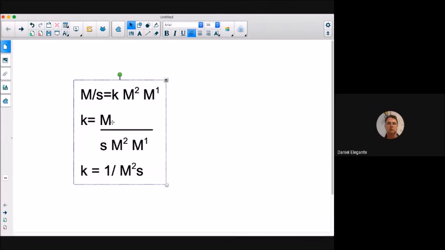And also on the bottom are going to be that molarity squared and molarity first. All I did was rearrange algebraically. And so I found that K is equal to 1 over molarity squared seconds. And that's because you got molarity on the top, molarity cubed on the bottom, and you can cancel out the molarities to give you 1 over molarity squared seconds. Hopefully that helps.